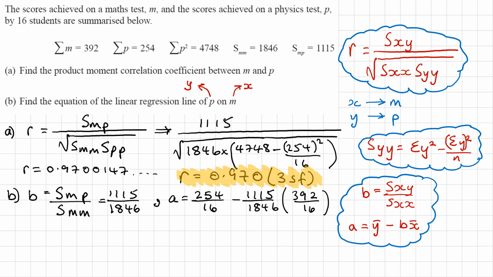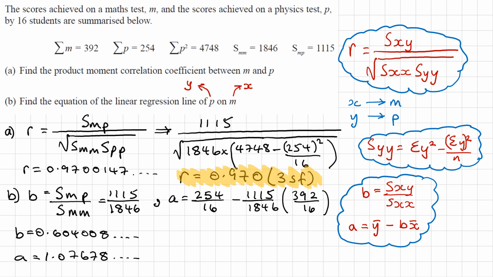So my value of B will be 0.604008 and so on, and then my value of A gives 1.07678 and so on. Now I'd want to give these to three significant figures.